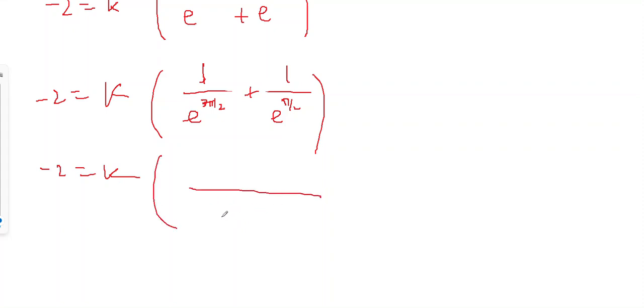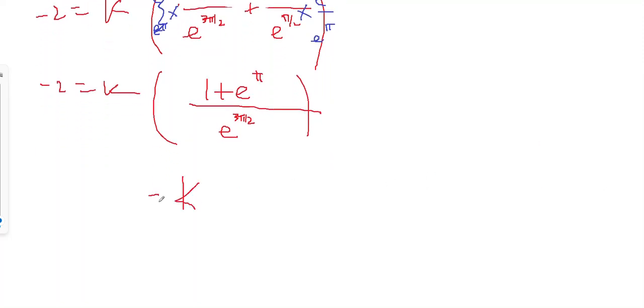I can build all these up to e to the 3 pi on 2. I need to multiply this one by e to the pi over e to the pi, giving 1 plus e to the pi. So k equals negative 2e to the 3 pi on 2 over 1 plus e to the pi.